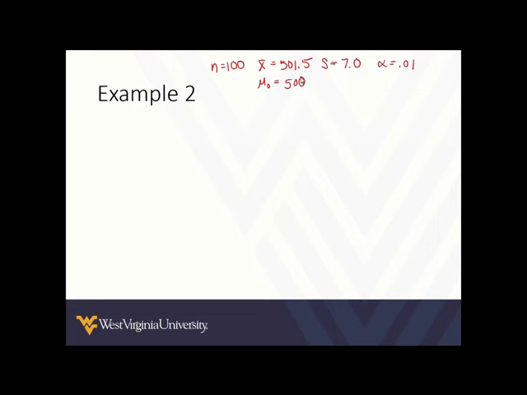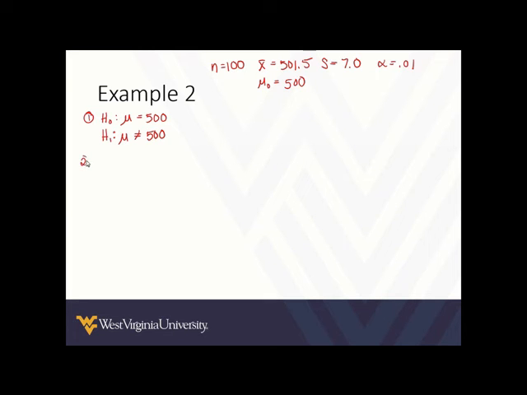Now, because this is a two-sided test, because we were asked to find too little or too much, we can state that our null hypothesis will be mu equal to 500, and our alternative hypothesis will be mu not equal to 500.